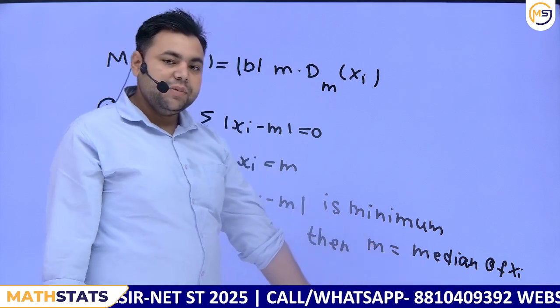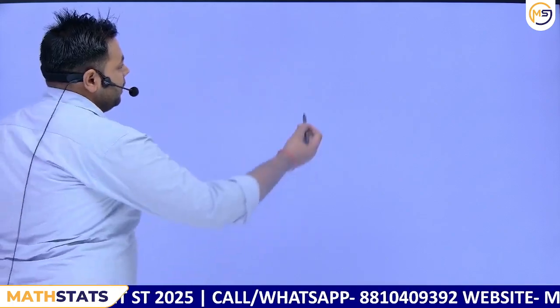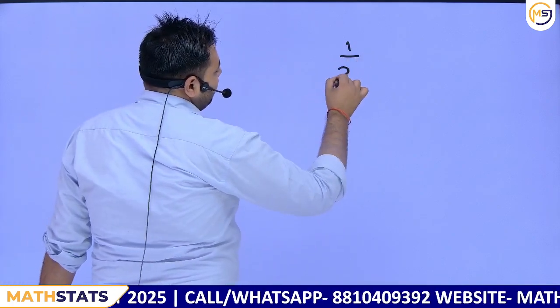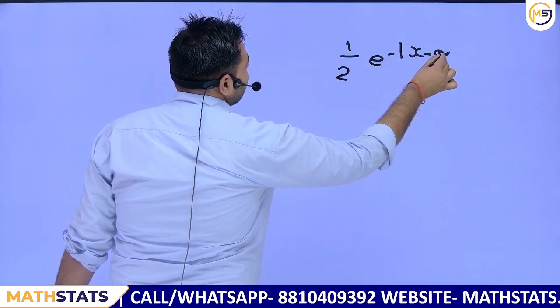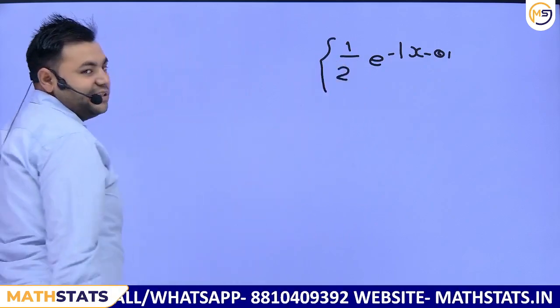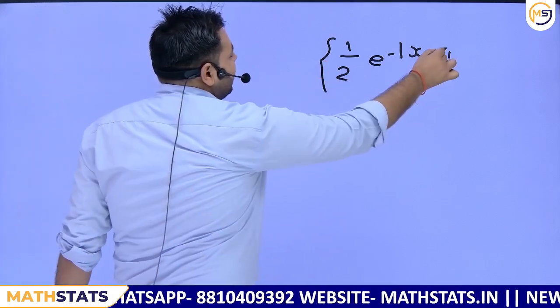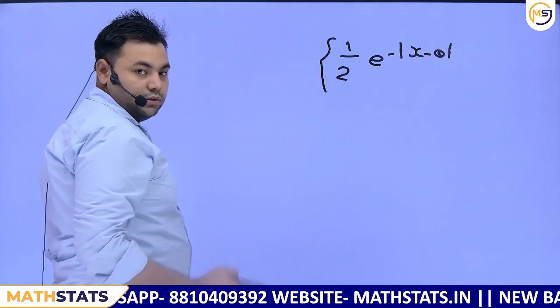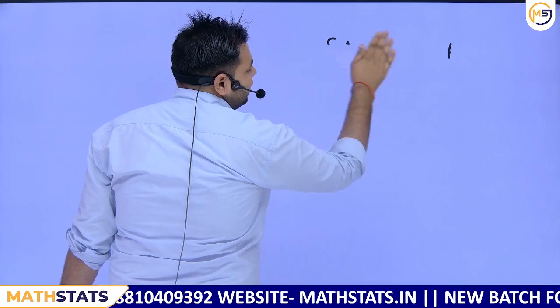If anyone remembers, suppose the PDF is 1/2 e to the power minus mod of x minus theta. What is the MLE here? How to find the MLE? Here we can use this property.